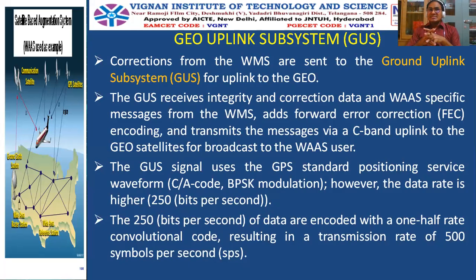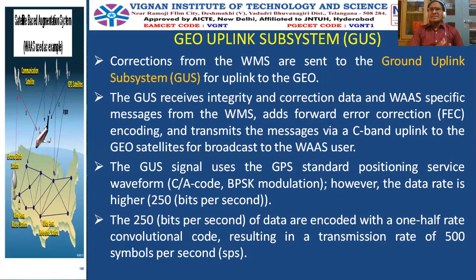So the corrections that are obtained from the wide area master station are sent to the ground uplink subsystem for uplink to the geosatellite. So in our differential GPS concept, there is a geostationary satellite which will communicate to the end user and to the wide area master station, or the master control station, whichever we call in our general GPS terminology.